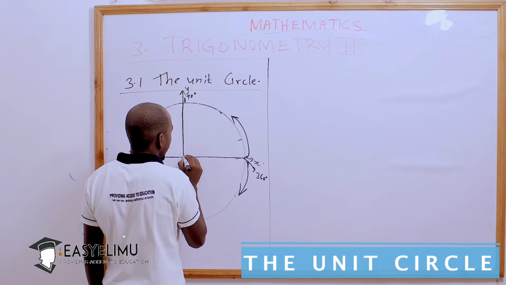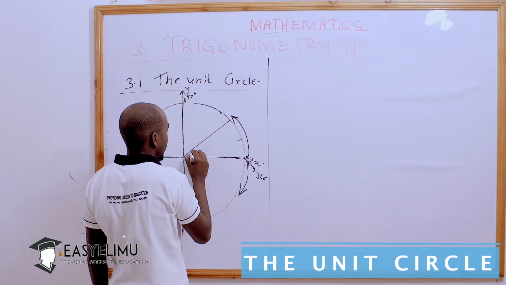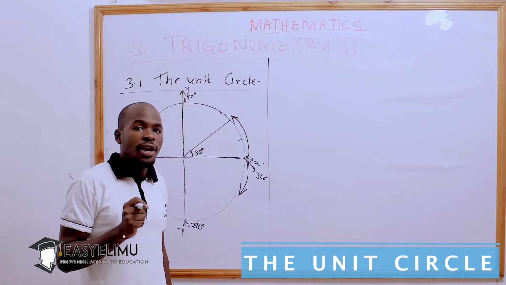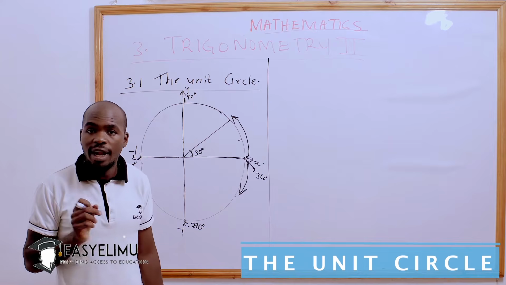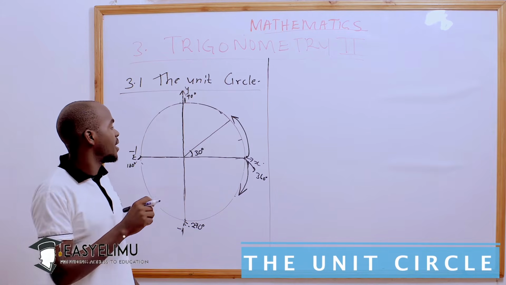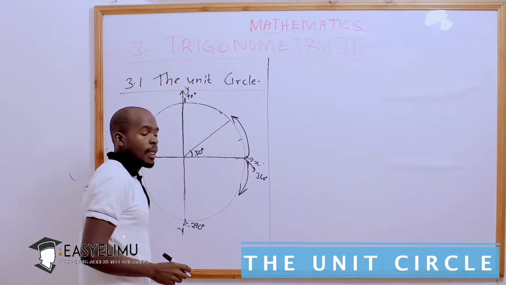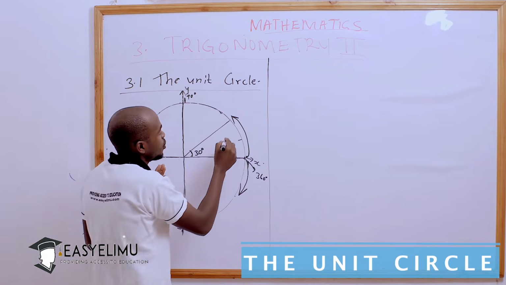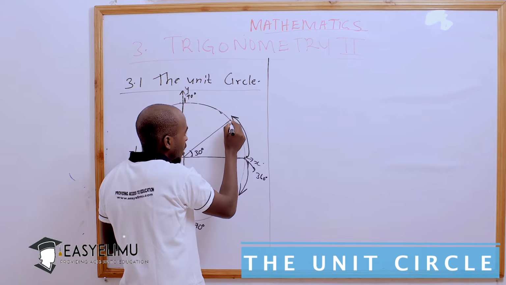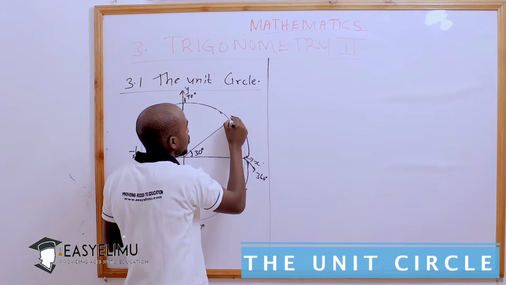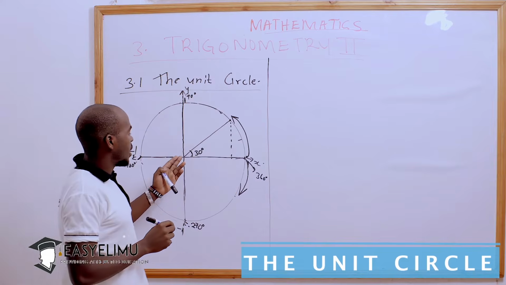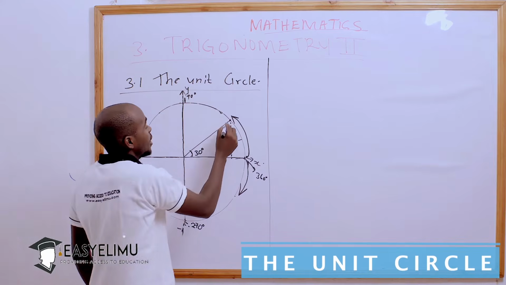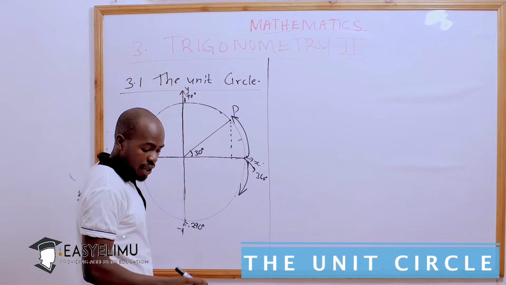If you have drawn your unit circle on a well-labeled graph, you will find this angle at this point. If you look at the angle well, you can construct a perpendicular at this point where the radius of the angle touches the circle, and let us assign it the letter P.